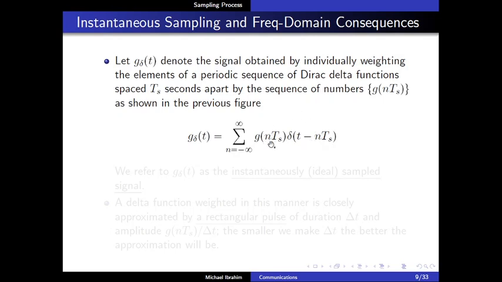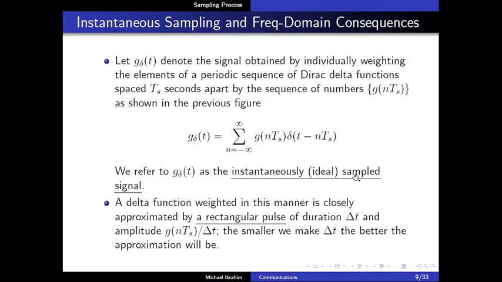We multiply by g of Ts, which is the sample value at Ts, and so on for n equals 2 or 3. So this summation basically is saying we have a sample value of g of nTs located at time t equals nTs. And this is again called an instantaneous or ideal sampled signal.